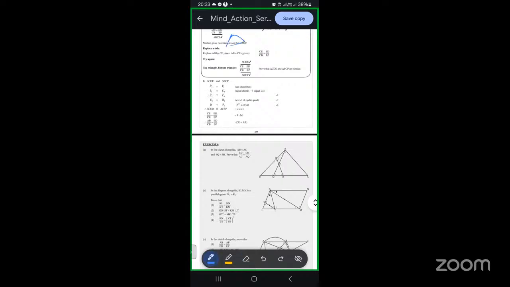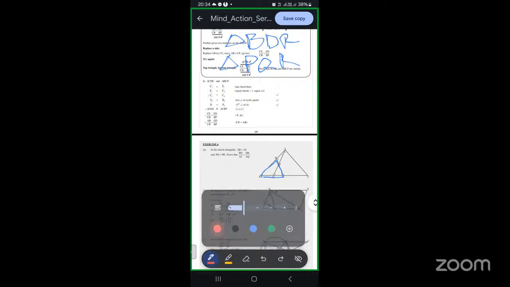You're saying triangle BDR and triangle PQR. Okay. Let me then quickly highlight them here on the diagram. BDR is this one, and your triangle PQR is just this one here.